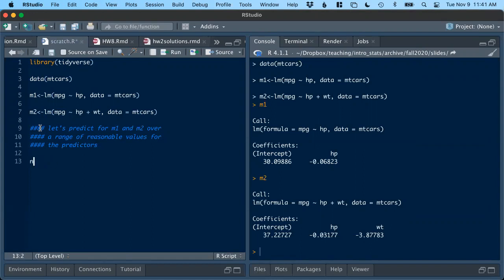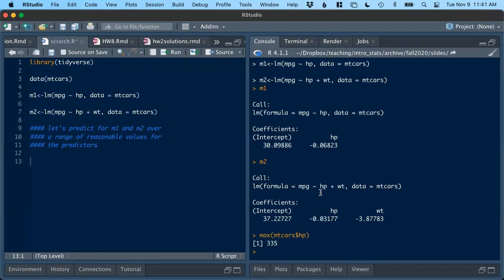Actually, first, a good practice to get in is to predict over what you actually see in the data. The maximum in the data is 335 horsepower, right? So our model is fit to data with a car with an engine as much as 335 horsepower.